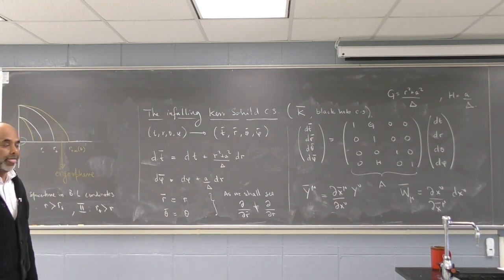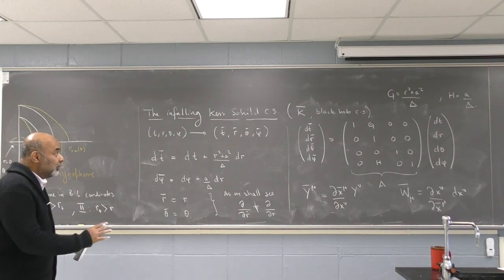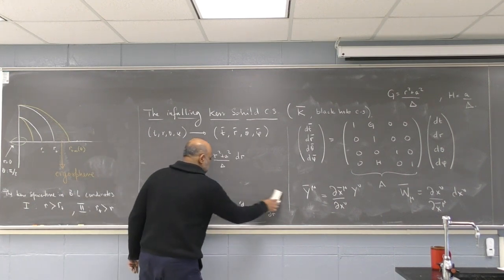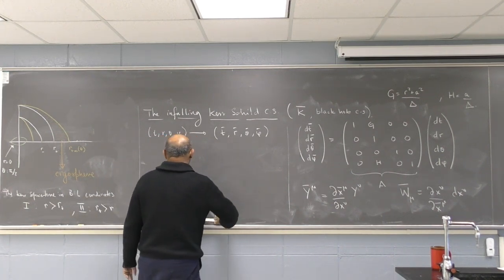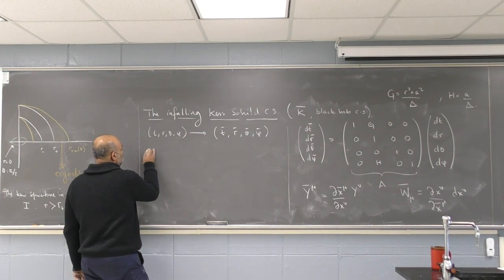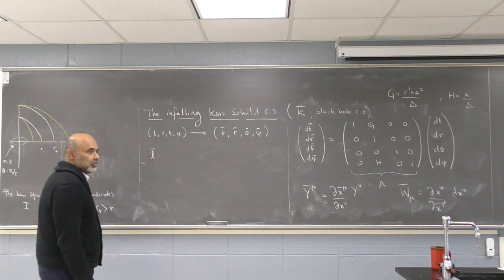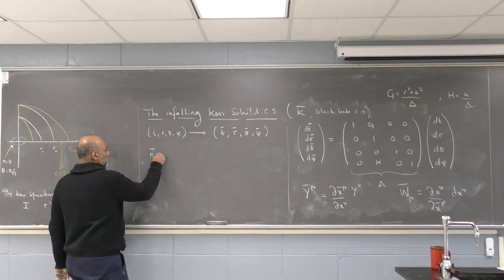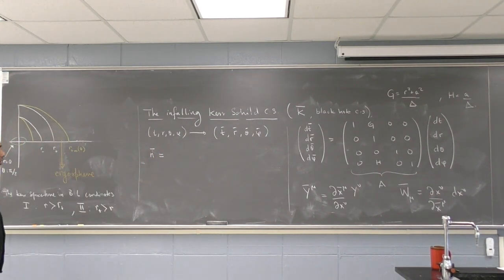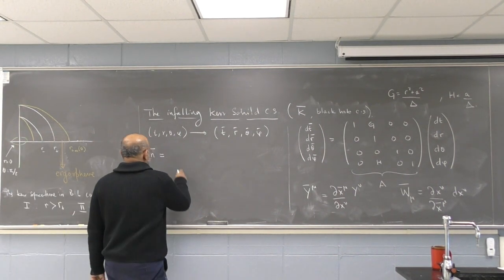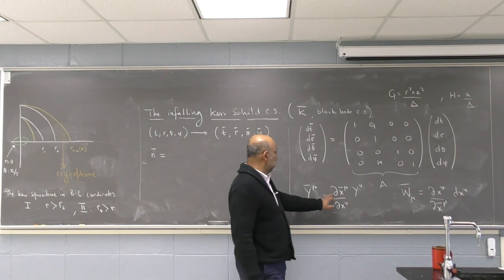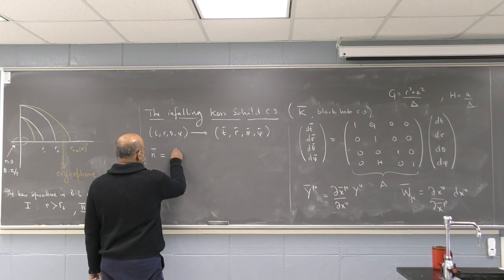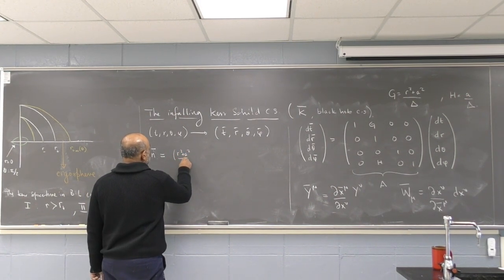Let me do one thing before I show you the metric. Let's look at what L bar is. Oh, actually, let me use N because it's infalling. N bar. Well, that's precisely this matrix. So the first component is going to be 1 times r squared plus a squared over delta.